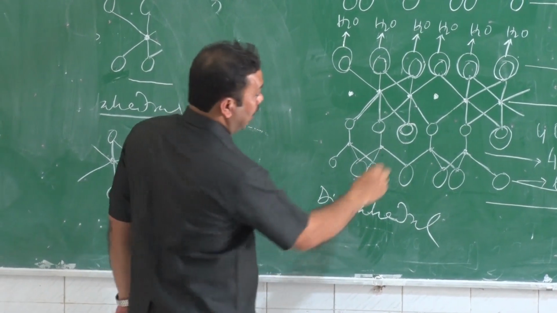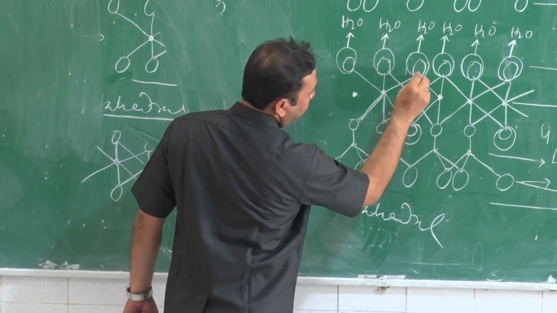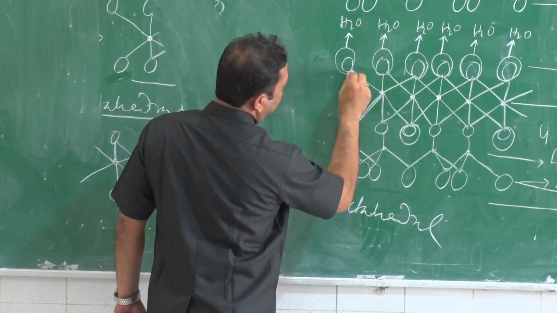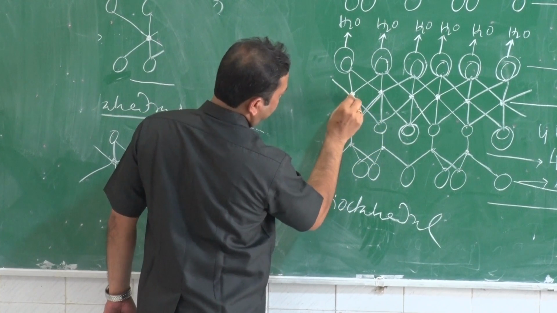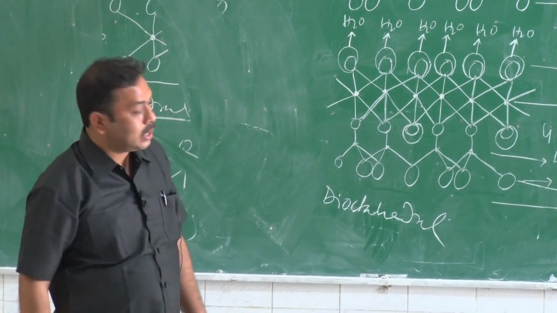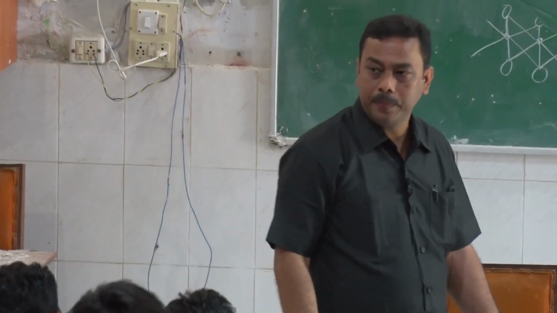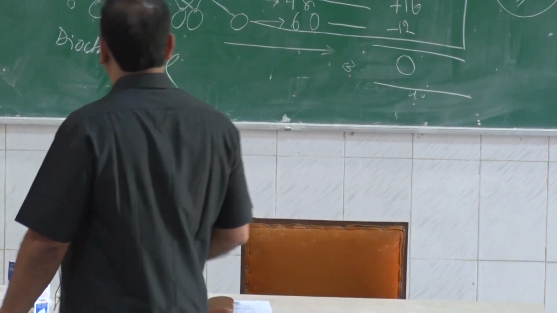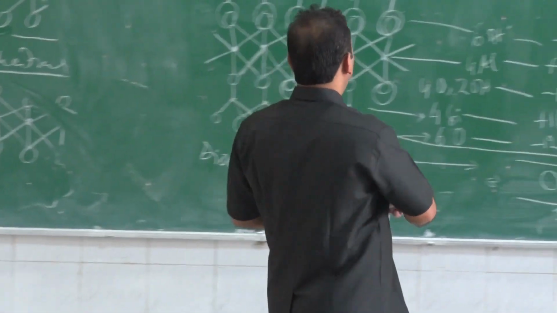Okay? Now look. You join this, you join this, this, this, this. Now what is this? 1:1 trioctahedral. Clear? Clear? Once again, look the charge balancing.